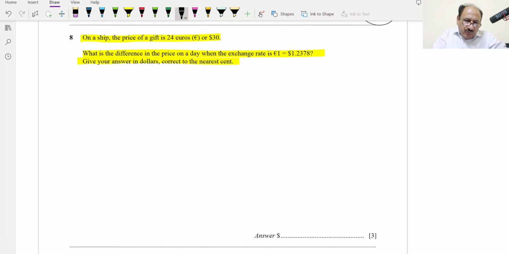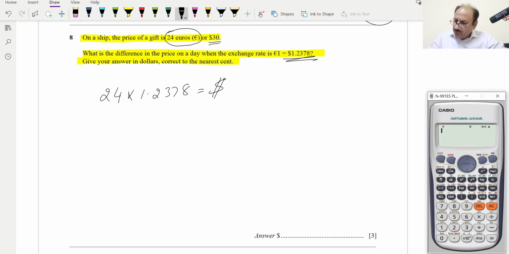So to compare, we will convert 24 euros into dollars and compare it with 30. So we multiply 24 euros by the conversion ratio, which is 1.2378.